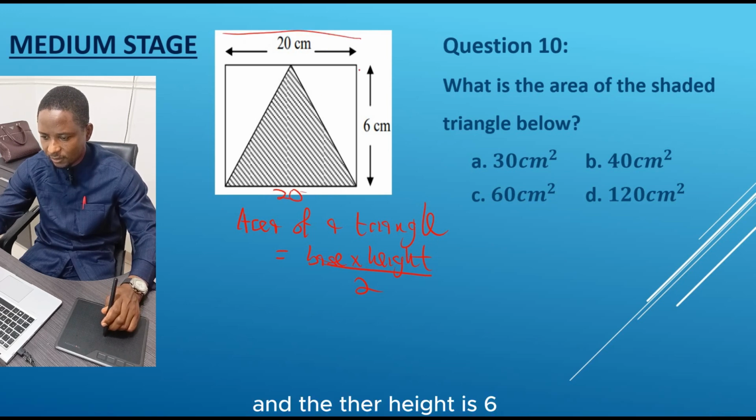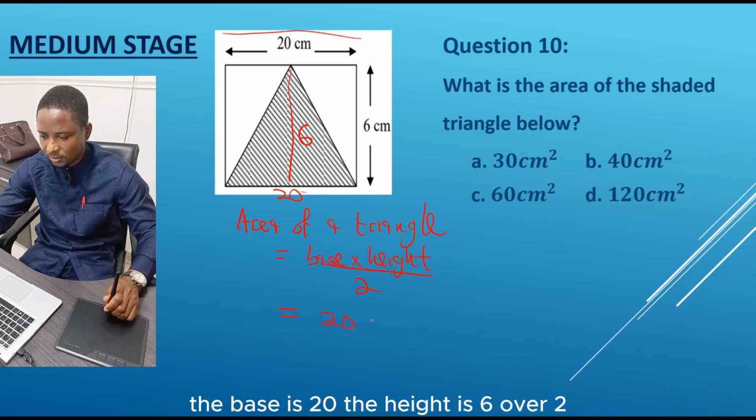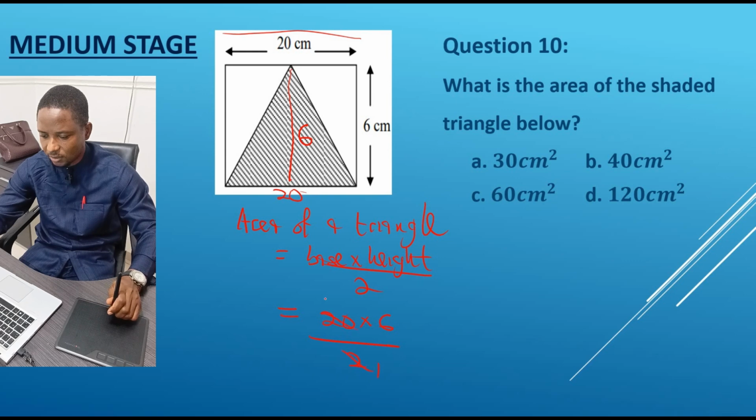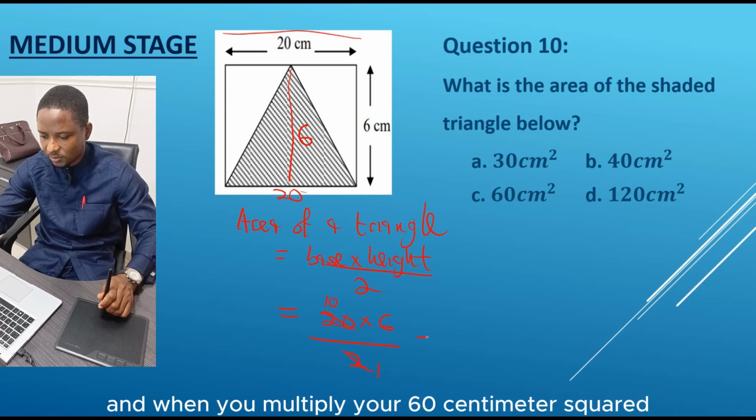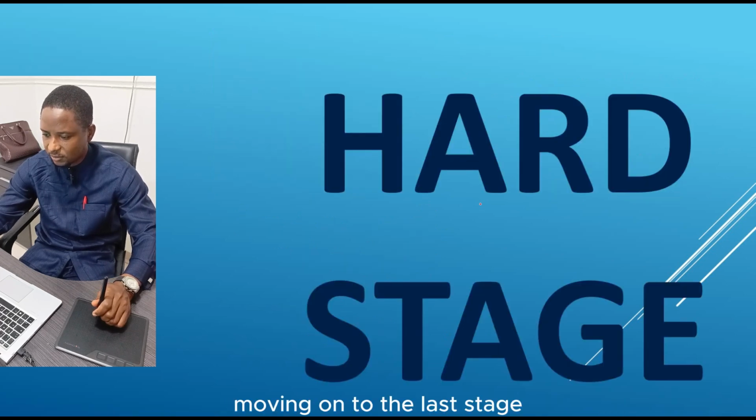And the height, if here is 6, here too will be 6. So the shaded triangle, we have all the information. The base is 20, the height is 6, over 2. 2 here 1, 2 here, you have 10. And when you multiply, you have 60 centimeters squared. And that's C. Moving on to the last stage, which is the add stage.